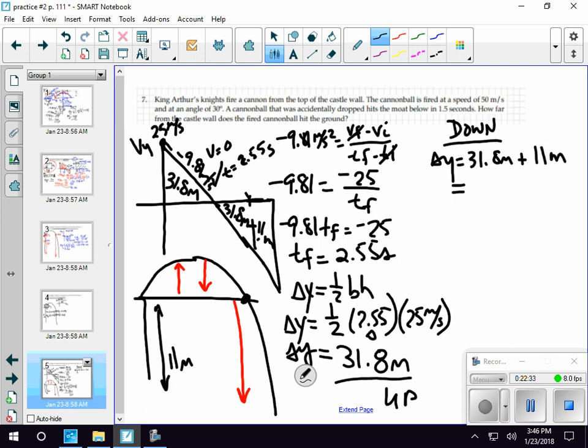So the total is negative 42.4 meters. That's how far it's going to fall from the peak of flight all the way to the ground. So it goes pretty high. Alrighty, now the time. The time is a really tricky one. We have to be a little tricky with it.